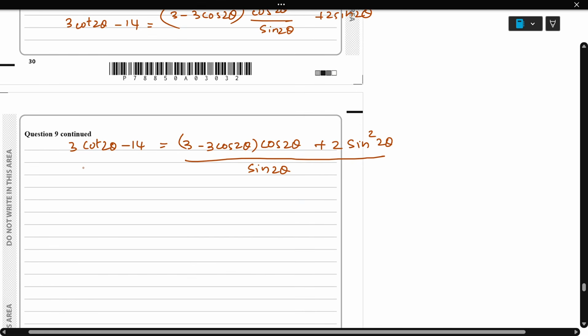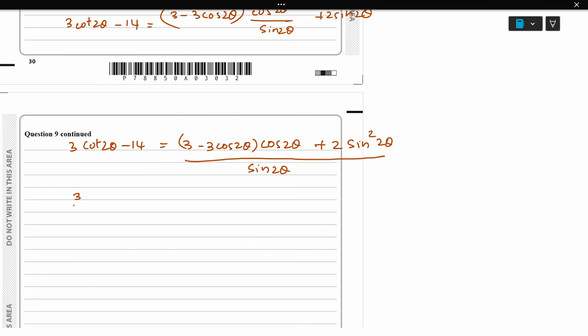Now left side also I'll do 3 cot theta, I can write cos 2 theta by sin 2 theta minus 14 equal to the entire thing on the right side.